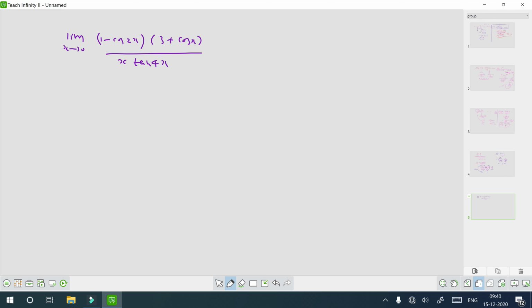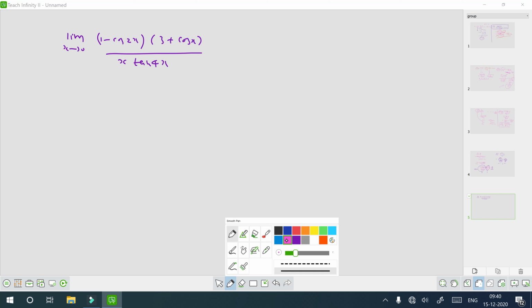As far as sine and tan is concerned, here 1 minus cos is there. Can I write 2 sine square x? Yes. What we need? We need x square. So multiplied and divided by x square into 3 plus cos x as it is. We need tan 4x over 4x. So tan 4x over 4x. So also we need to multiply by 4x here.